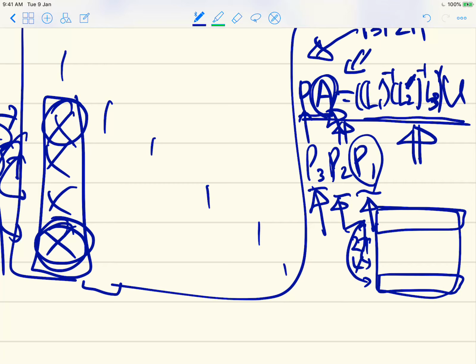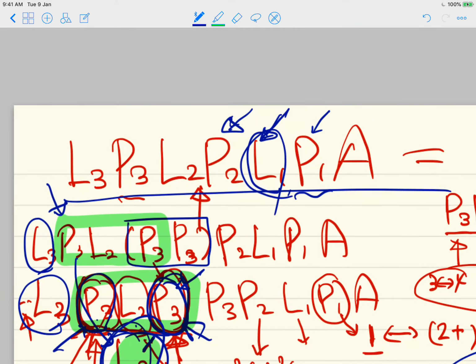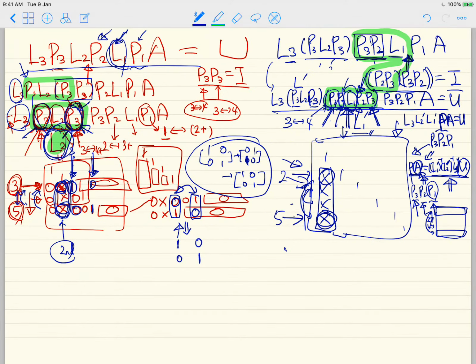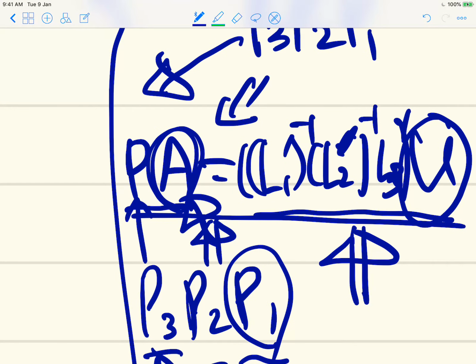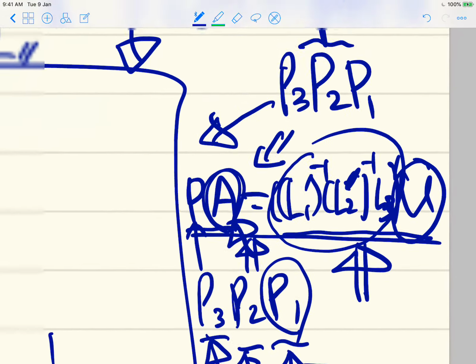So in that case, U will be the final result after the process of our actual algorithm, right? But how about L?